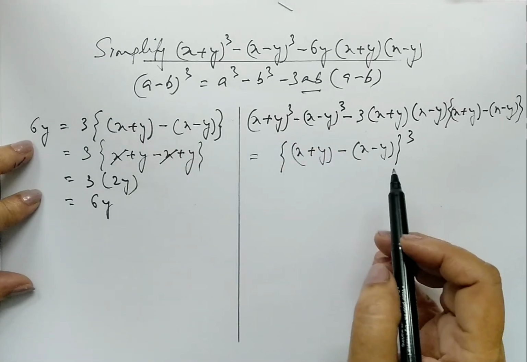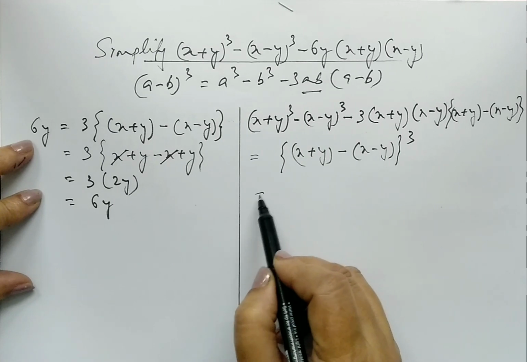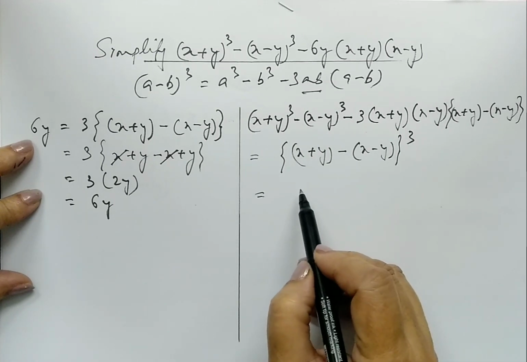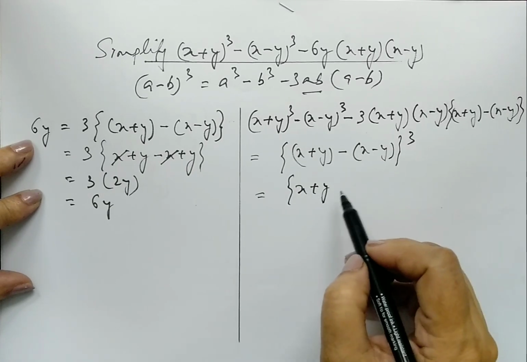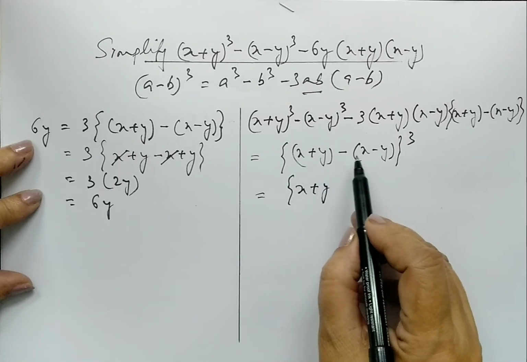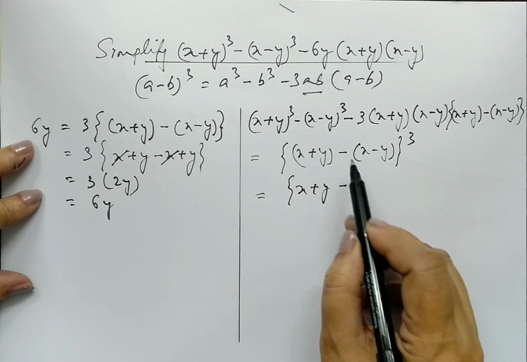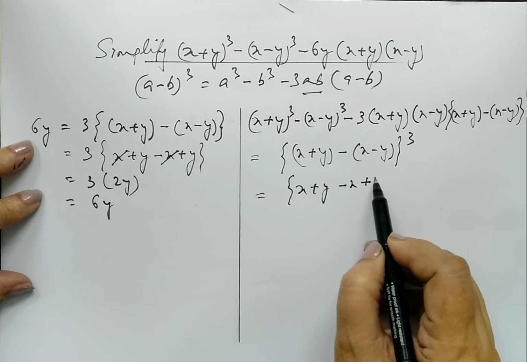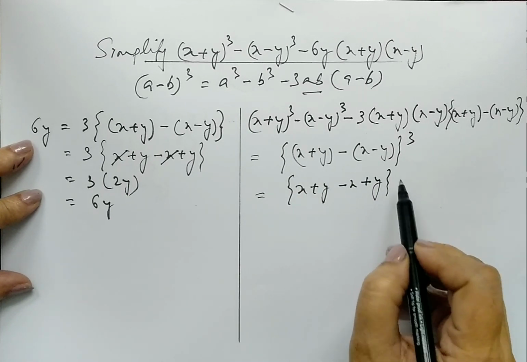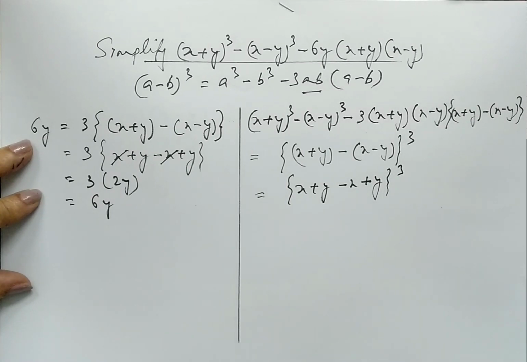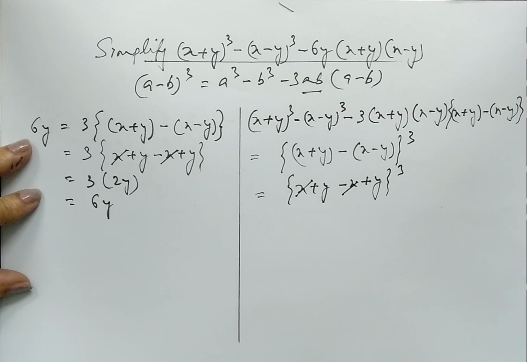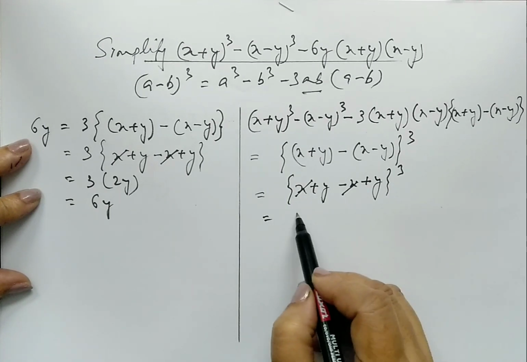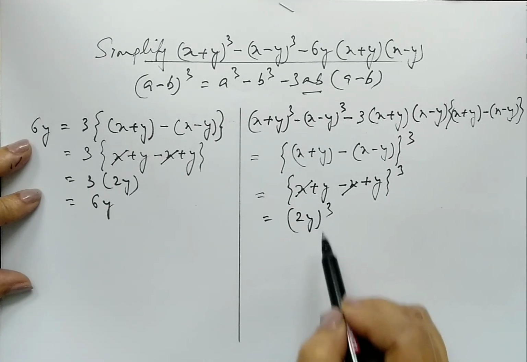So what next? How do we simplify further? Obviously, we'll break the bracket inside. Let's keep this curly bracket. So minus plus minus x minus minus plus y, and we have a cube here. So this gets cancelled with this and we have 2y inside.